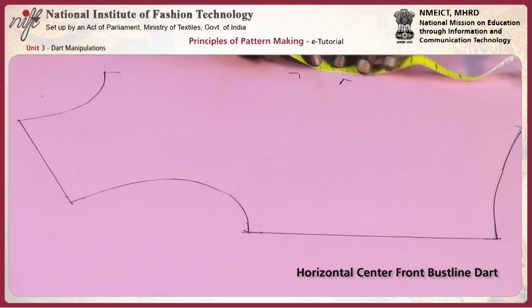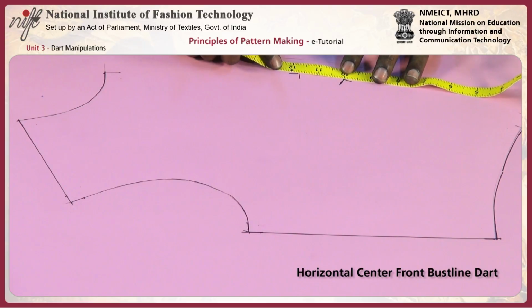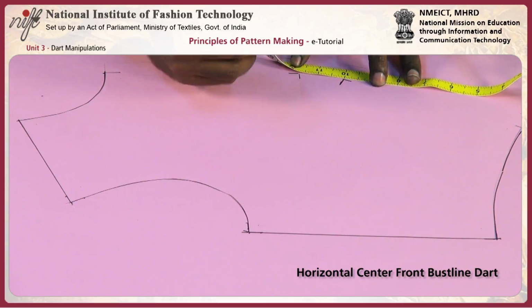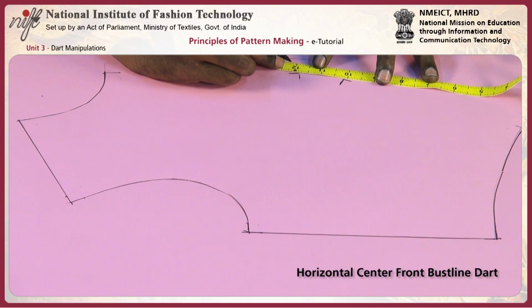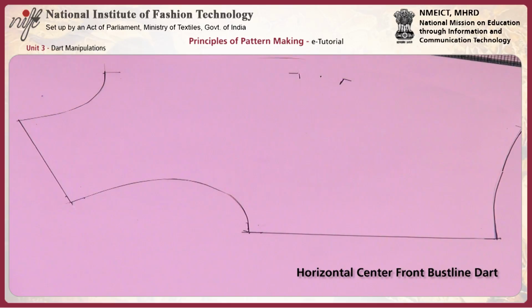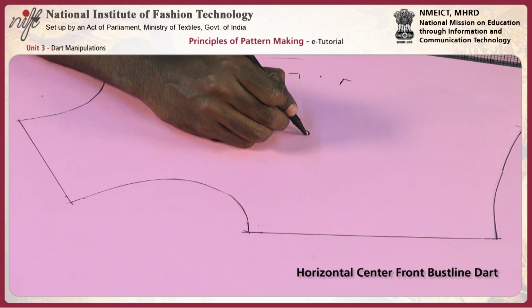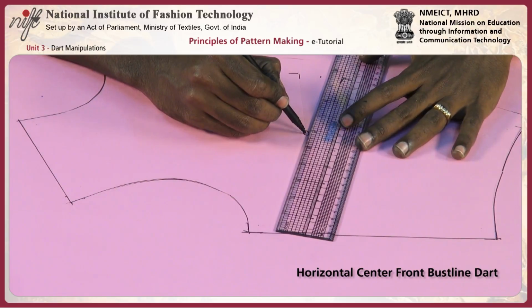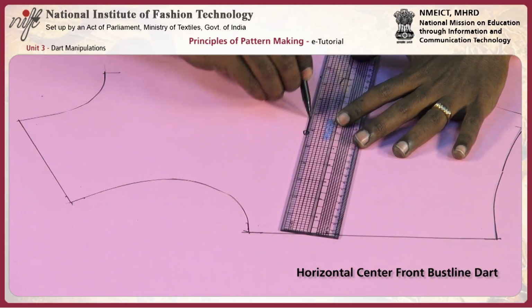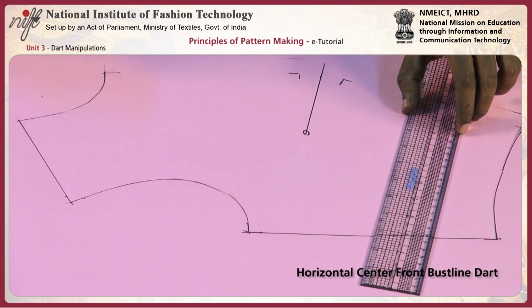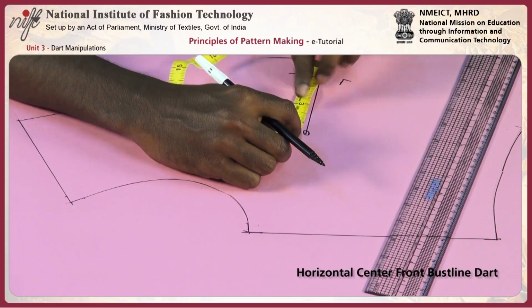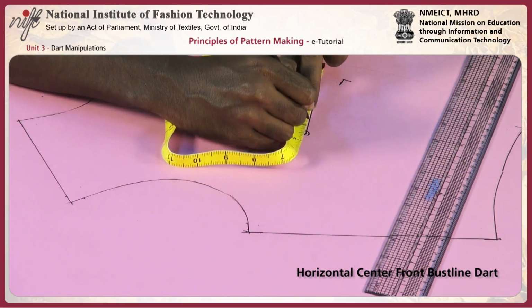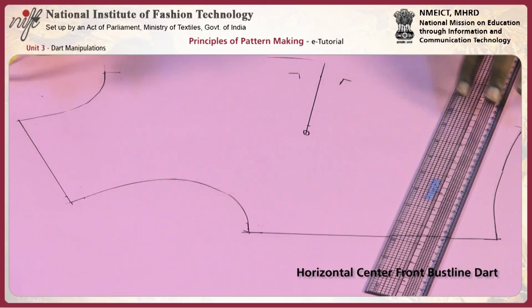Mark midpoint of the dot. Mark the bust point. Connect bust point to midpoint of the dot. Mark half an inch away from the bust point.